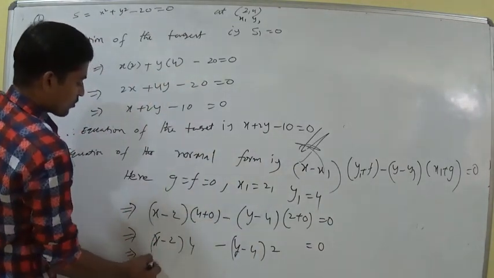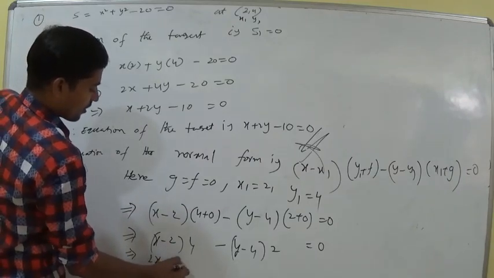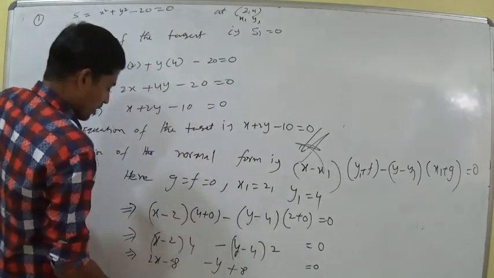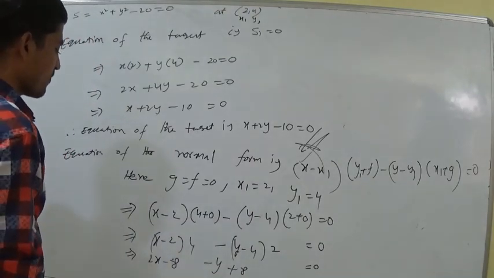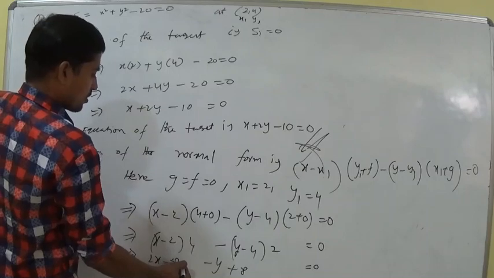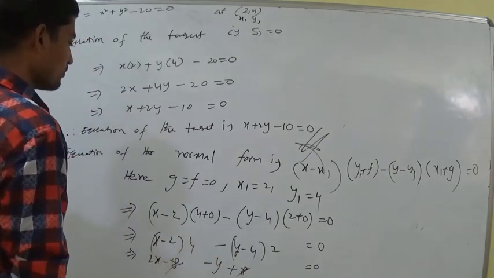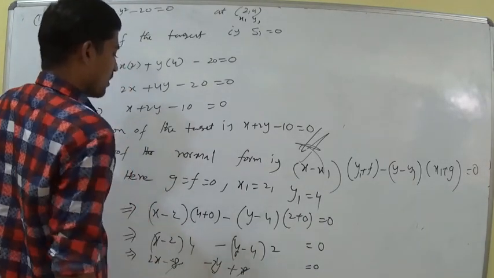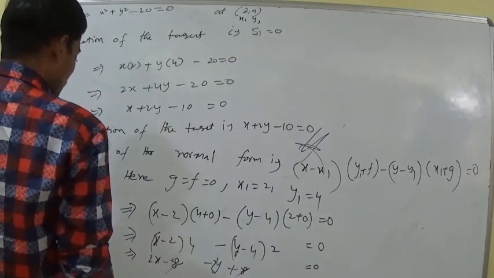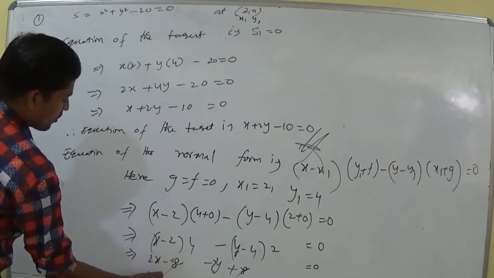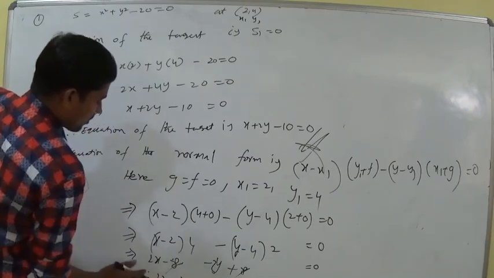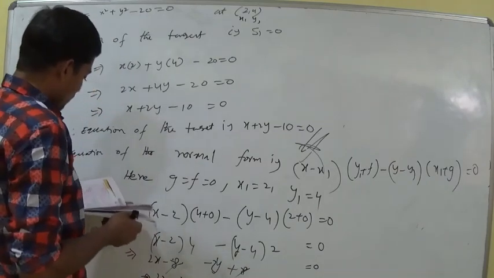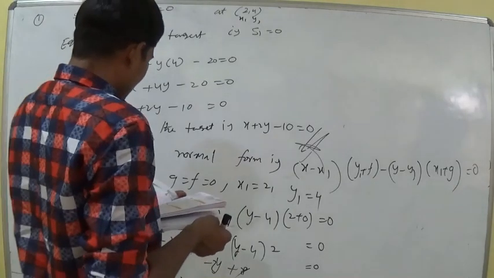That implies 4x - 8 - 2y + 8 = 0. So 4x - 2y = 0. Therefore x - y... 2x - y = 0.